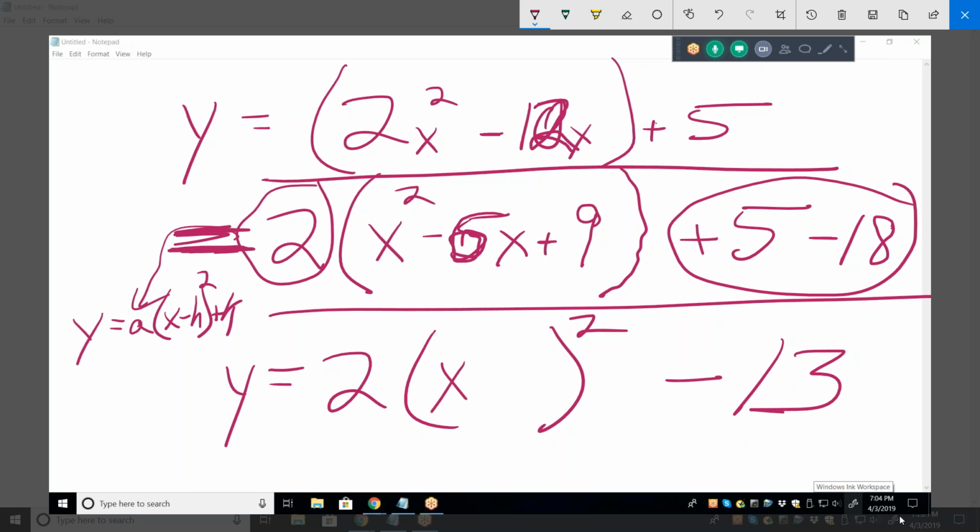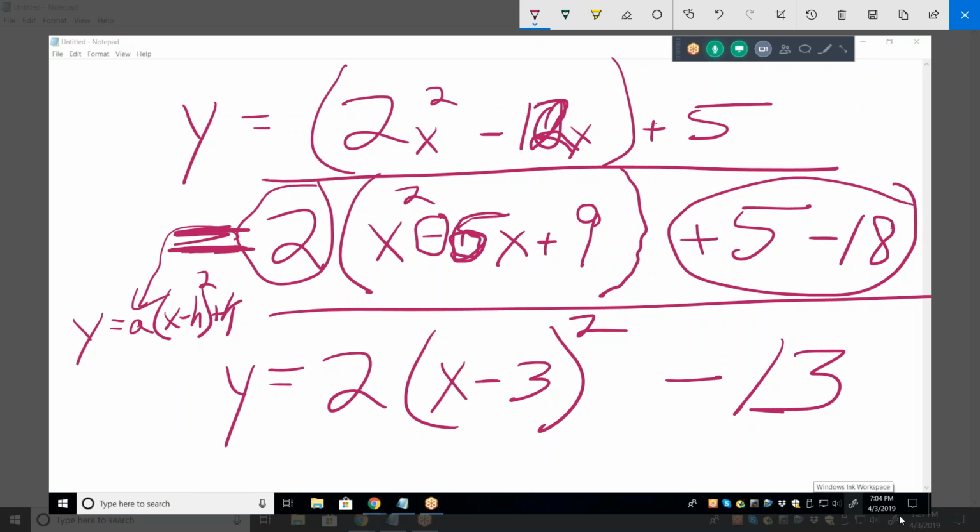It's a minus, because of that minus right there. What's the number? What number did you get when you took half of 6? 3. That's always the number. Whatever you got when you took half of that middle coefficient, that's what goes there.